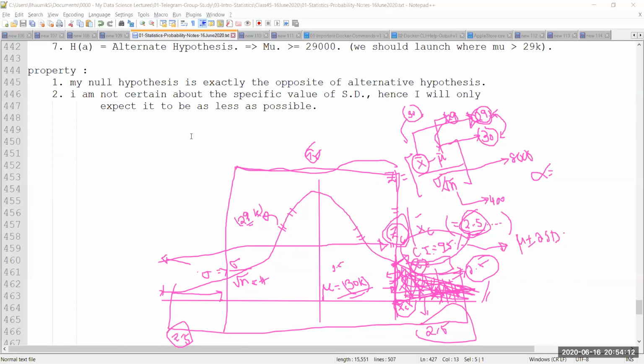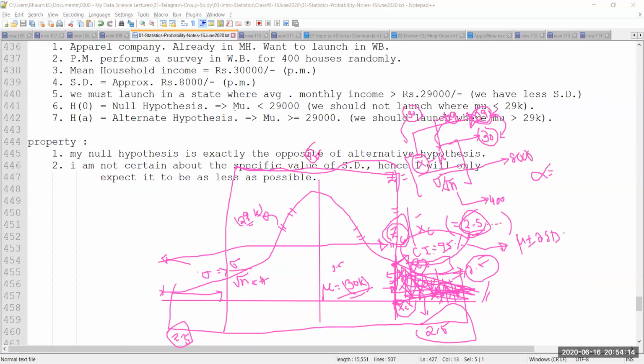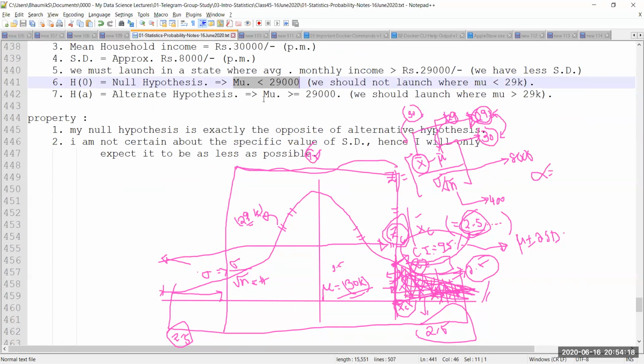So let's try and see what was my null hypothesis. Null hypothesis mu should be less than 29,000, right? And alternate hypothesis is this, right? So basically what my product manager was saying, she was right actually. She was saying that I needed to have an average monthly income greater than 29,000, somewhat less standard deviation.